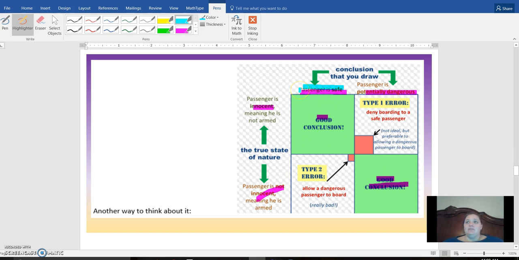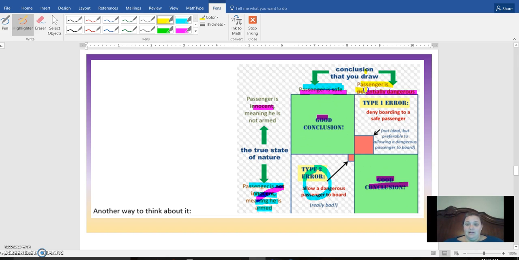So the passenger is safe. He really had the hip replacement. He has the papers, and they say, no, that's not enough. Or, they say, okay, he's safe, and he has fake papers or something, and he's actually not. And so they allow him to get on the plane. Or they think he's not safe at all.